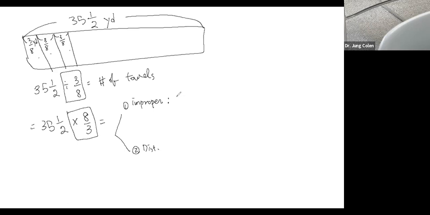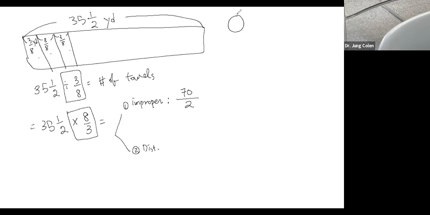If we change that to an improper fraction, how can we change 35 and 1/2 to an improper fraction? In 35, how many halves are there? 70, because double of 35 is 70, right?